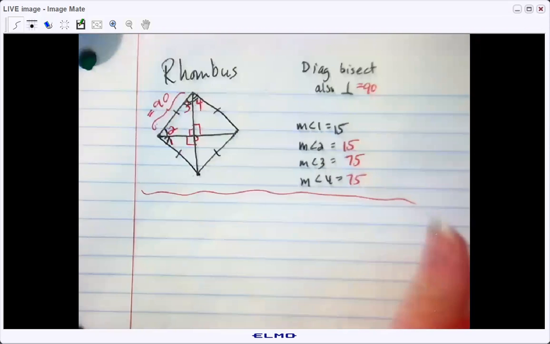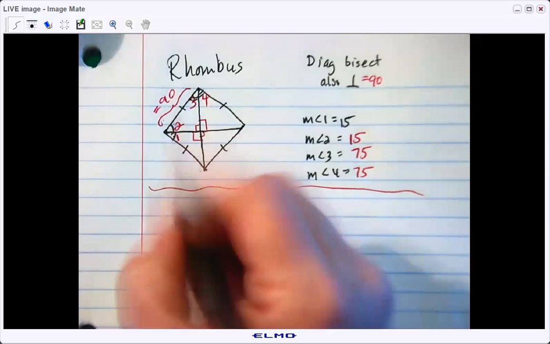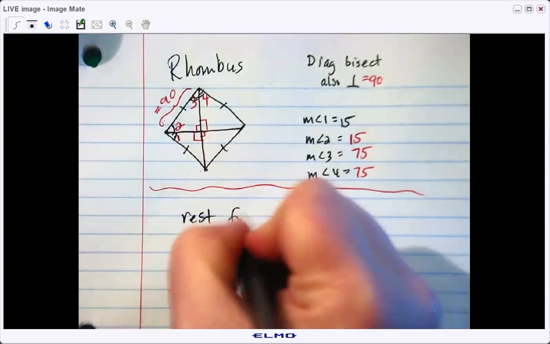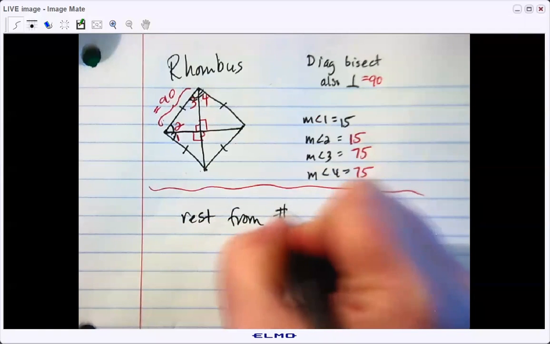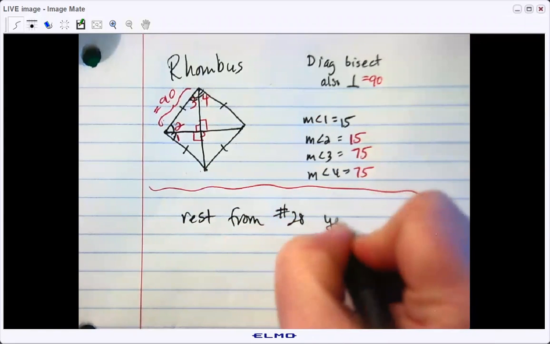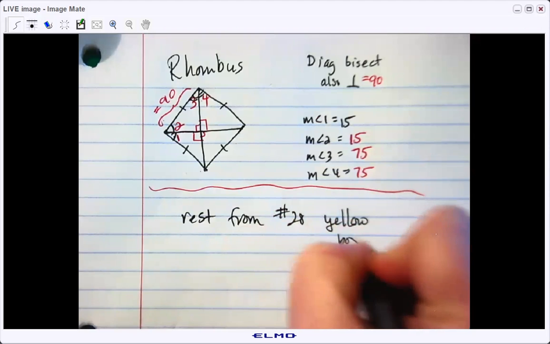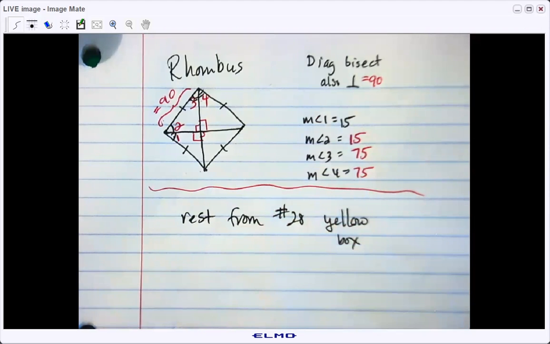The rest comes from assignment number 28, the yellow box. And I actually print it out. It's not yellow, it's gray because I printed it like that.